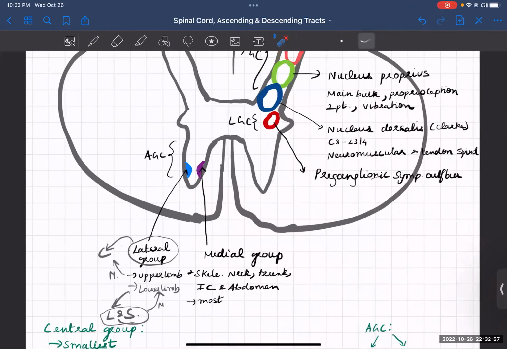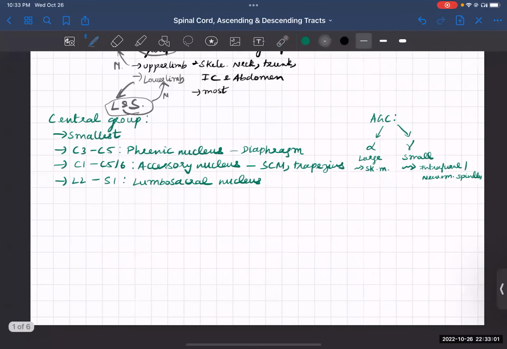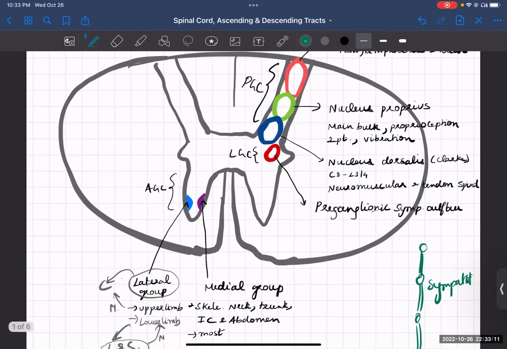Now, what about lateral? Lateral has preganglionic sympathetic outflow. Remember, in anatomy, we studied preganglionic sympathetic chains across the vertebral column. Those are part of your sympathetic system. So the nuclei of these systems are going to be relayed at your lateral gray column at this red spot right over here.